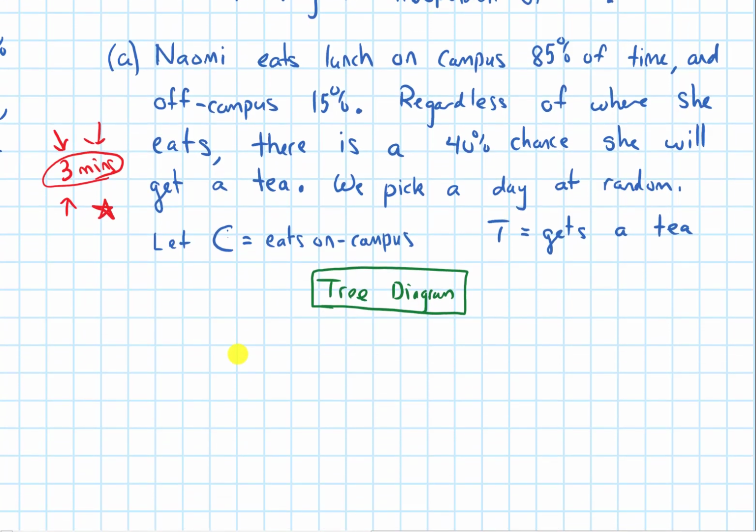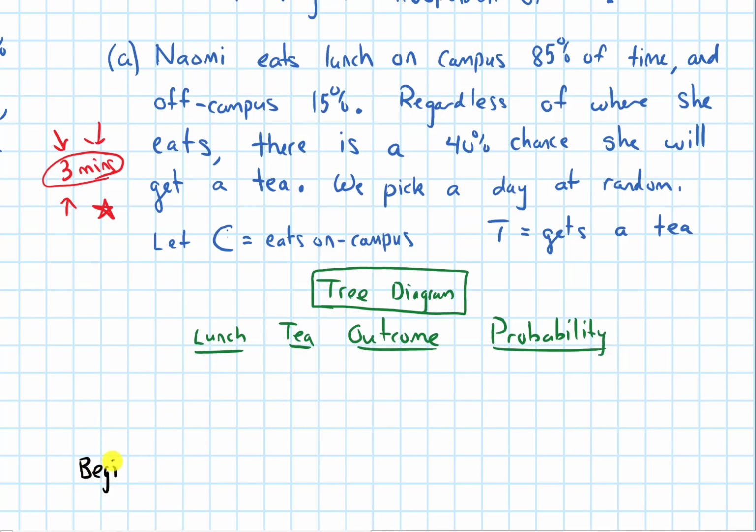Okay, so when we draw this tree diagram, one of the stages is her lunch spot. One of them is a matter of does she get a T or not? From there we can form the outcome and list its probability. All right, so let's start.